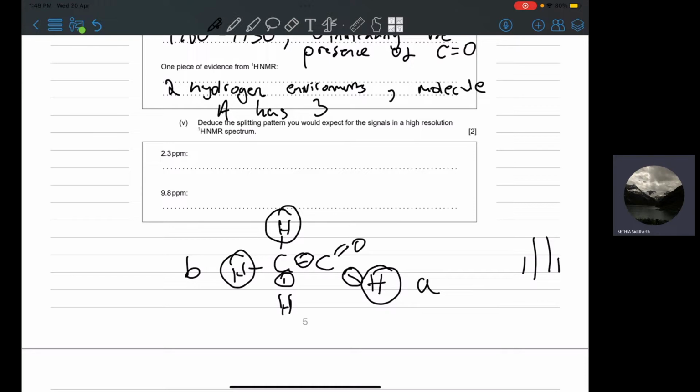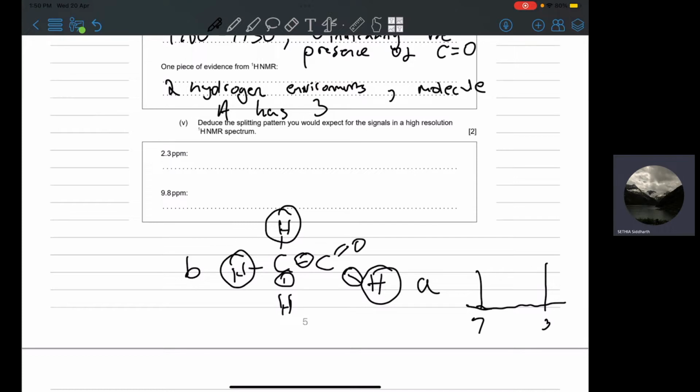So, for example, if I see an HNMR spectrum, I want to find out how many neighbors a particular hydrogen has. Suppose I have a hydrogen in this environment at 3, and a hydrogen in this environment at 7, and I want to find out how many neighbors each of these hydrogens has.